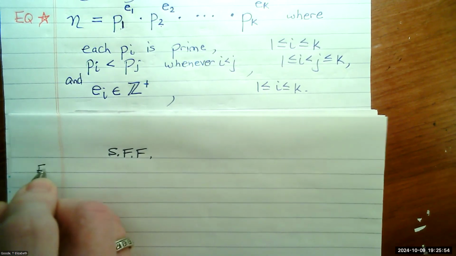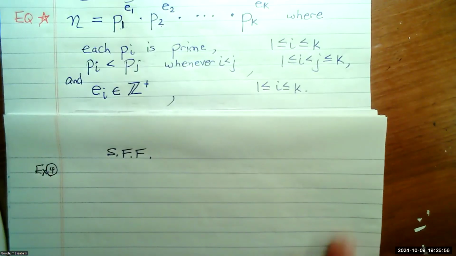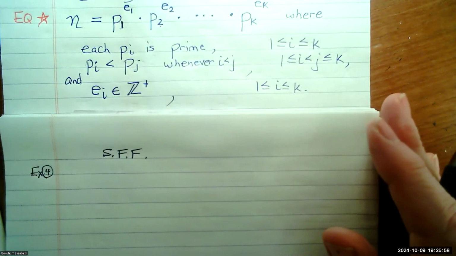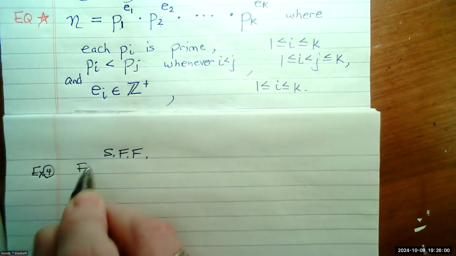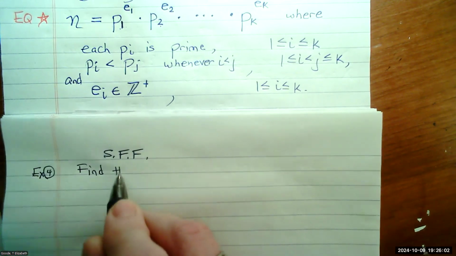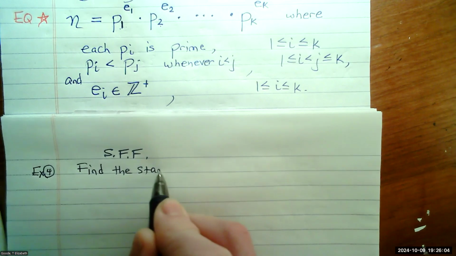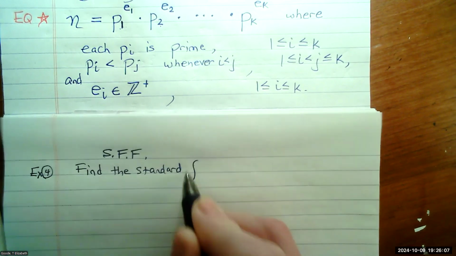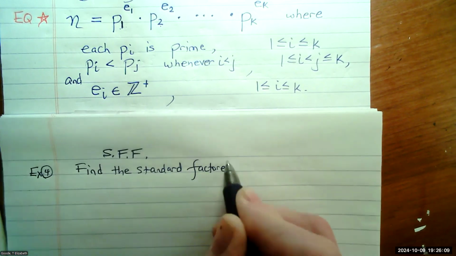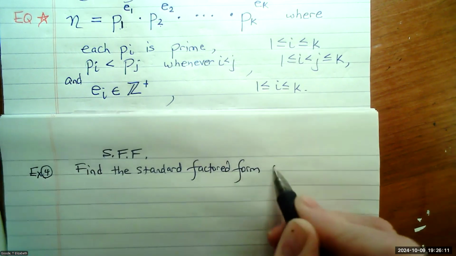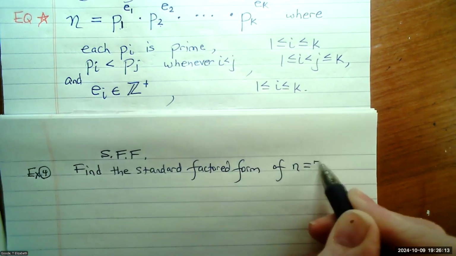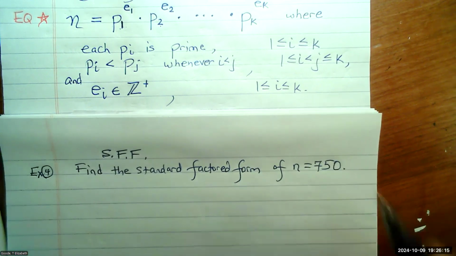Example 4. Let's find the standard factored form of n equals 750.